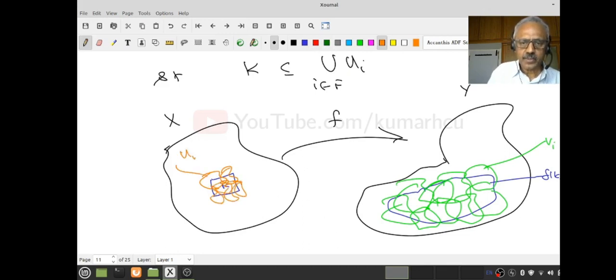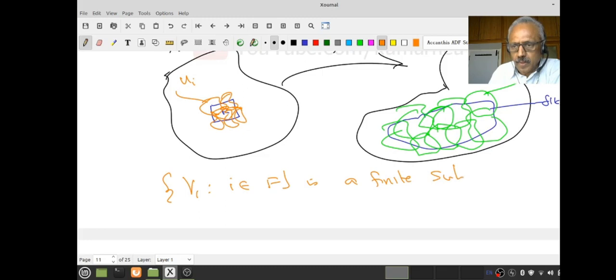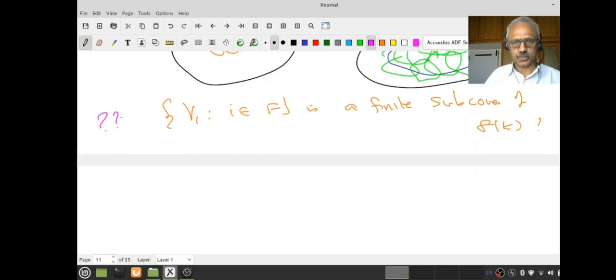These are my U_i's, right? So finitely many of them are covered, right? So what is it that I should guess now? My guess is V_i, i in F is a finite subcover of f(K). This is what I have to check. Okay, then I will be through, right?